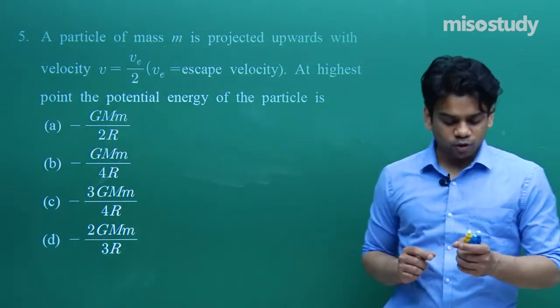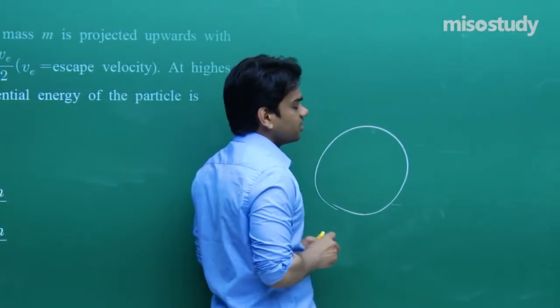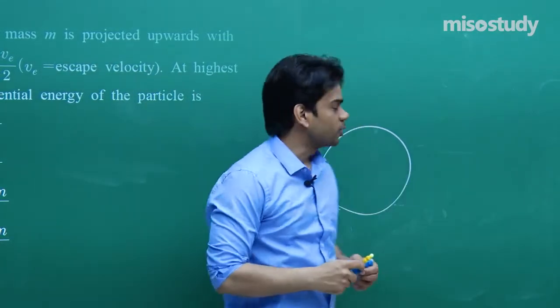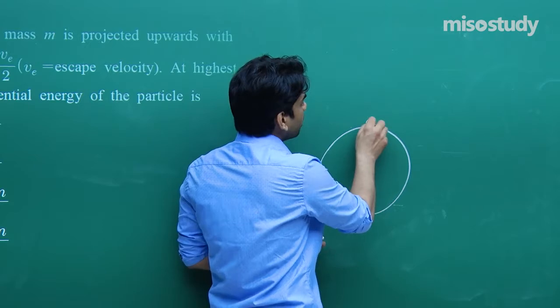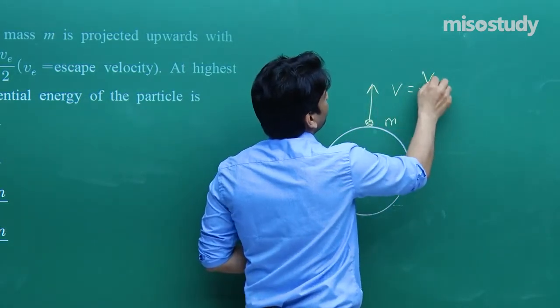First of all, let me show you the situation, what is happening. This is our, let's say, Earth or anything. A particle of mass m is projected upwards with velocity v_e by 2. From here, a particle is projected with a velocity given by v_e by 2.